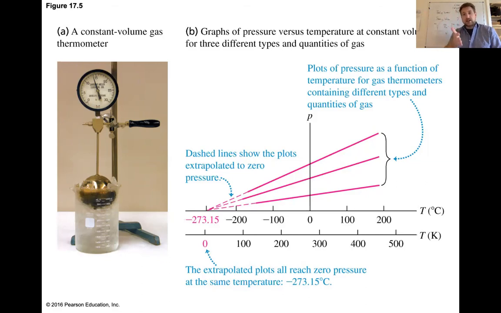It's not relative to water, it's not relative to boron, it's not relative to any other thing. It's just true for everything. So it's not relative, it's the opposite. It's absolute. It's the temperature at which there is zero pressure, absolutely, not in relation to anything else. So we'll call it absolute zero.